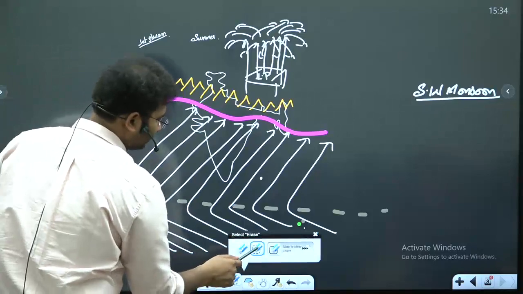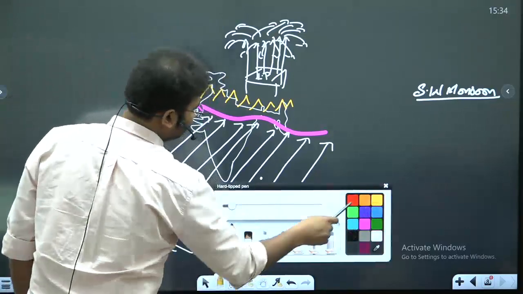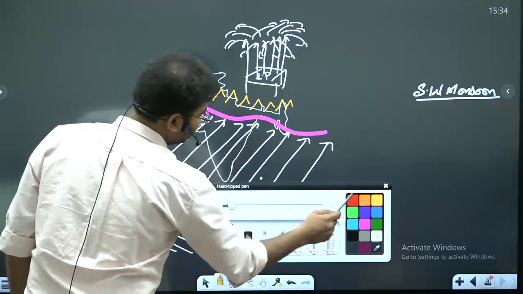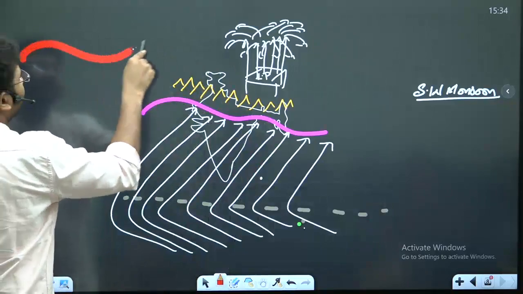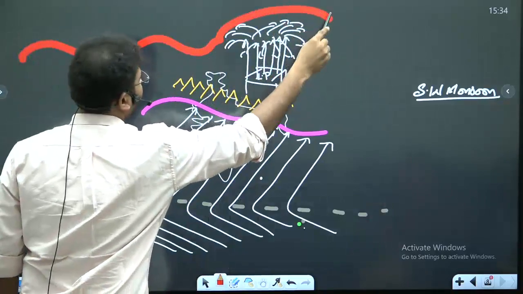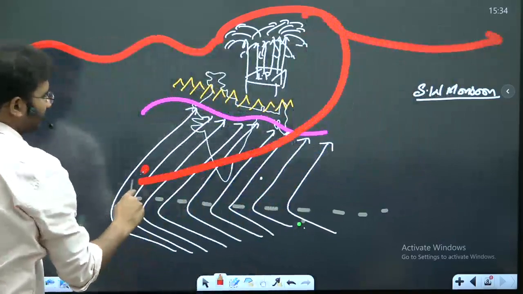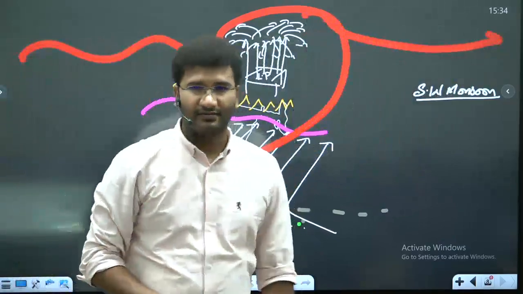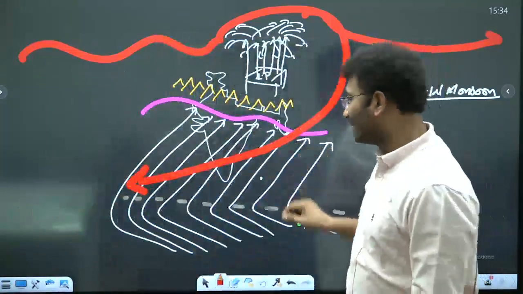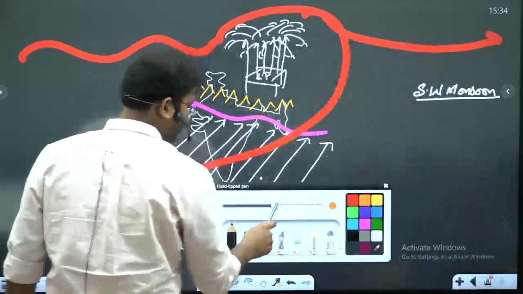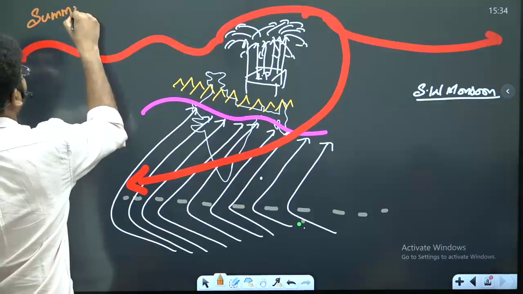So now see here, the jet stream that is present is actually moving like this. Imagine this is your jet stream. One part of the jet stream goes like this, another part takes a turn like this. This is during the summer. This is your summer.